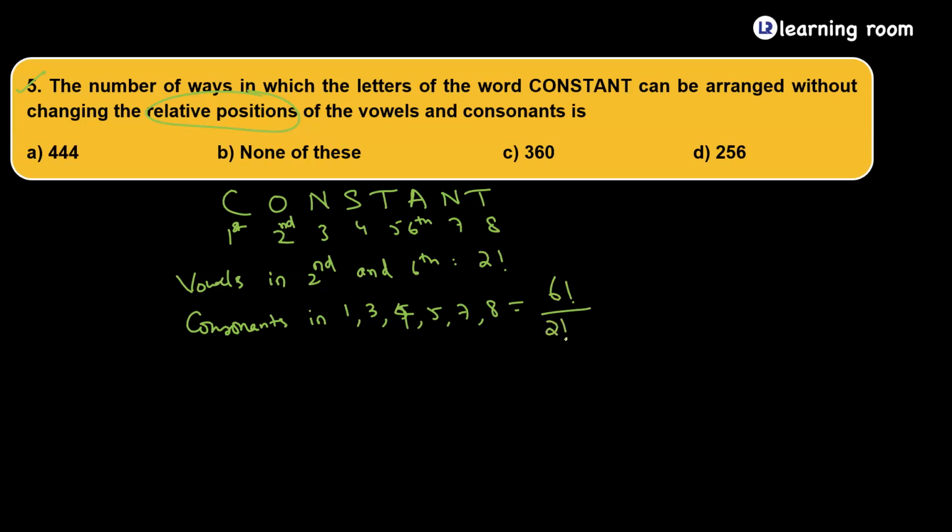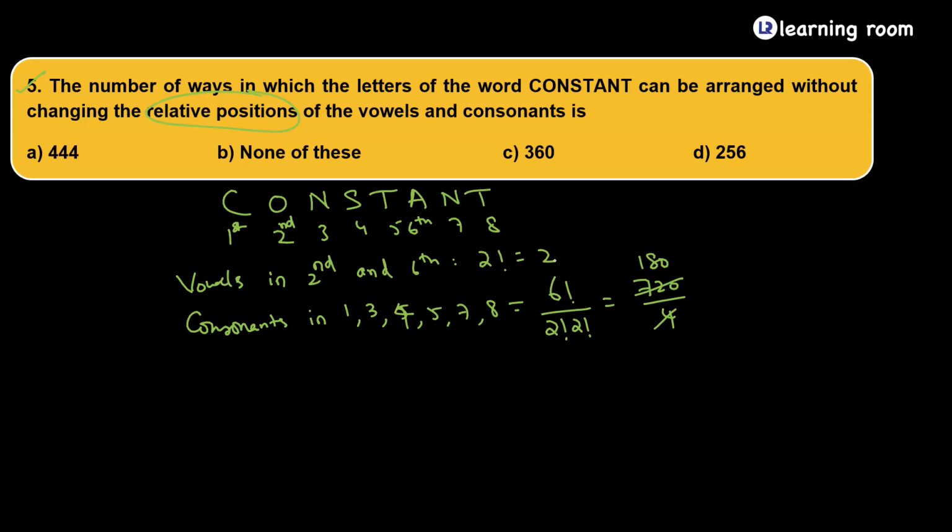So 6 factorial by 2 factorial, into t is repeating twice, 2 factorial. So 6 factorial is 720. So 720 divided by 4, which will be 180.